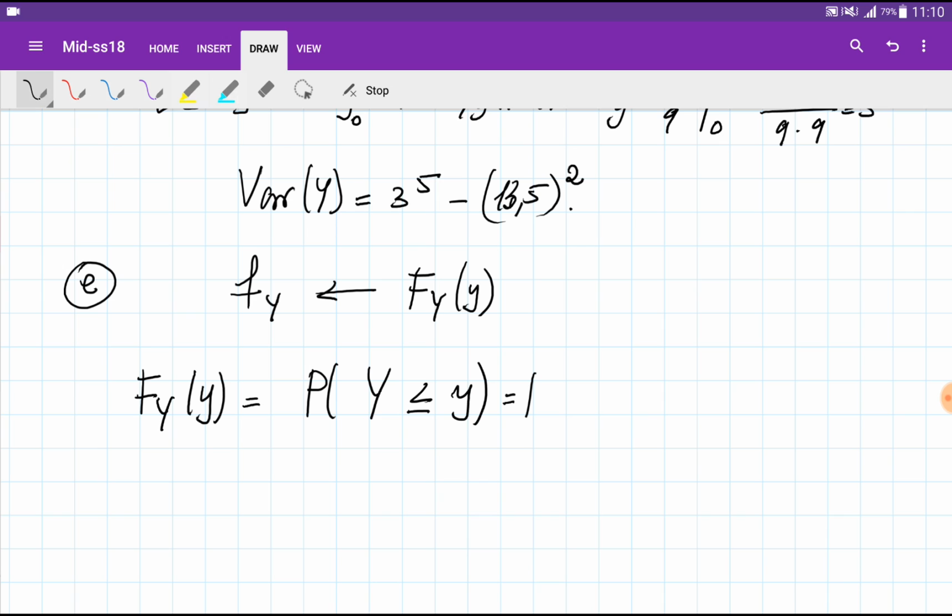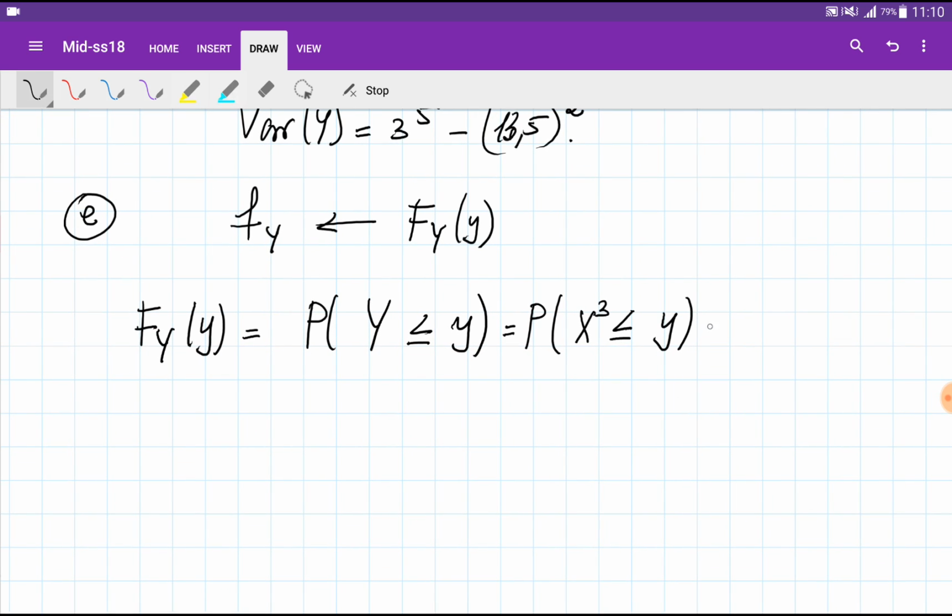Because we don't know its density function, but we know that y is equal to x cubed, and we need to calculate the probability that x cubed is less than y. Still we don't know how to calculate this, but we know how to calculate the probability that the random variable x is less than or equal to some fixed value, the cubic root of y, right?